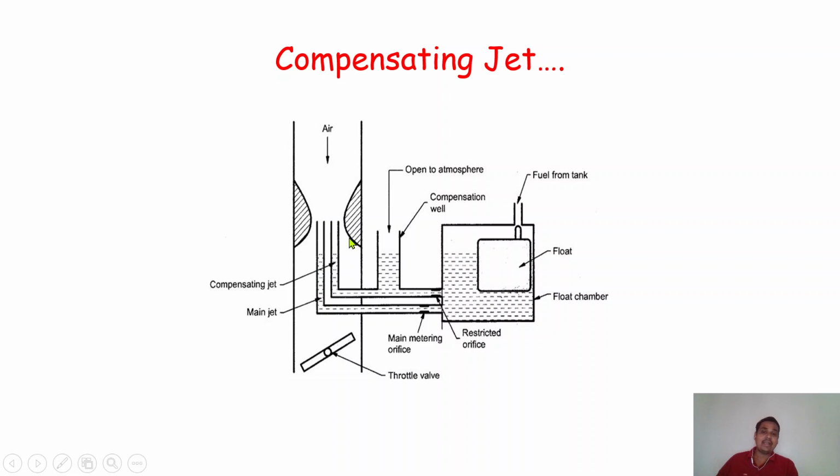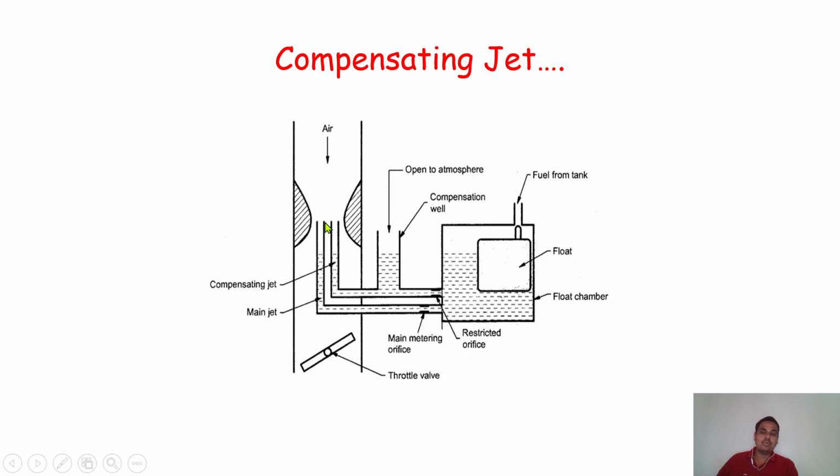Okay, so at that time this additional compensating device will come into work. The extra amount of air and fuel mixture, or we can say the extra amount of fuel, will be supplied to the engine cylinder from this direction or from this other tube. So in this case there will be two jets, we can say two nozzles.